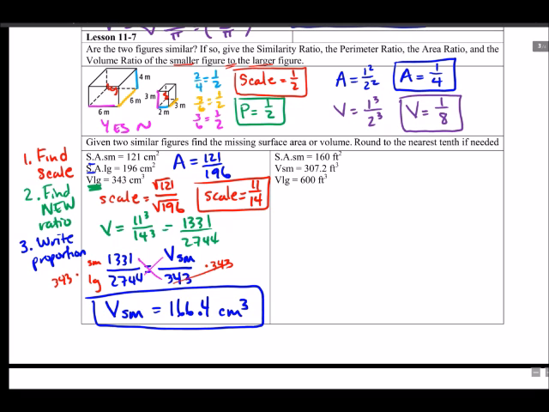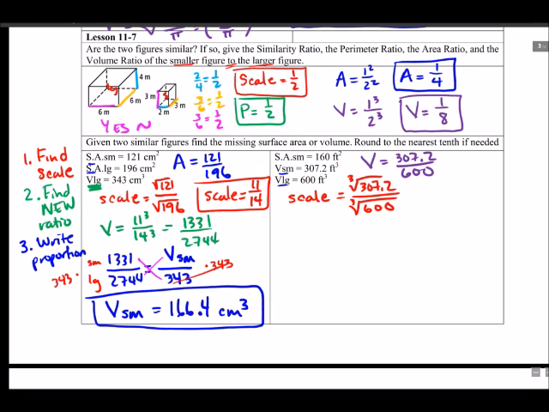This time we are given the volume ratio. So we know that our volume ratio is 307.2 to 600. And what do we need to do first? We need to use that to find scale. How do we find scale? Well, we know that we need the cube root of 307.2 over the cube root of 600.